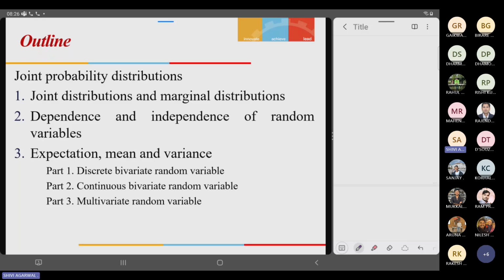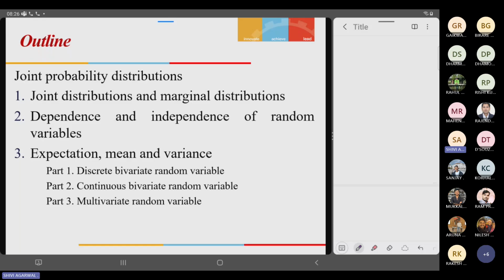Similar questions may be expected, but it is only may. If I find something different, then I can give questions from your syllabus only. So we are doing three parts: discrete bivariate, continuous bivariate, and the multivariate.